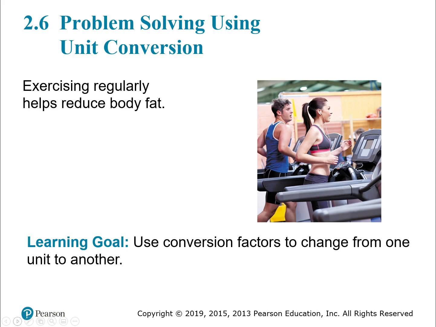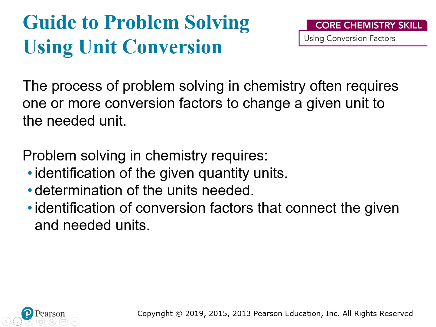This time we're going to use those conversion factors to change from one unit to another. So whenever you're solving problems in chemistry, you have to have some kind of a method, okay? And in this case, we're talking about converting one unit to another. And usually, you need more than one conversion factor to change from one unit to another.